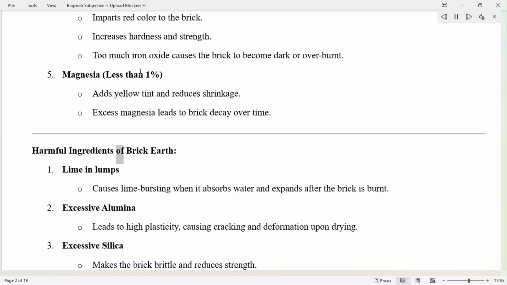Harmful ingredients of brick earth. Lime in lumps causes lime bursting when it absorbs water and expands after the brick is burnt. Excessive alumina leads to high plasticity, causing cracking and deformation upon drying. Excessive silica makes the brick brittle and reduces strength.